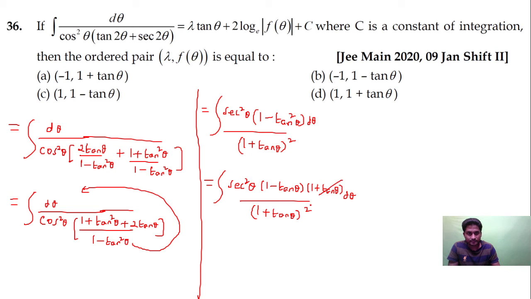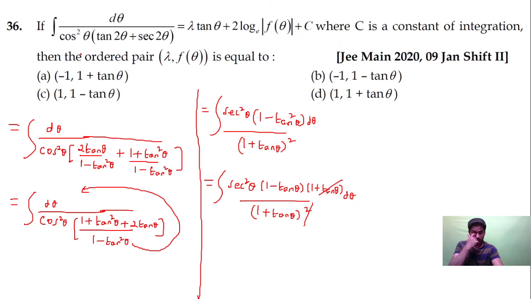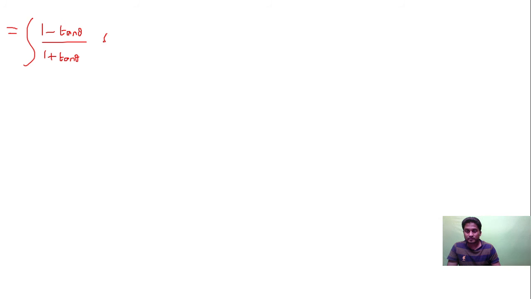This will cancel with the square. So what is left out? Left out is integration of 1 minus tan upon 1 plus tan into sec square theta d theta.